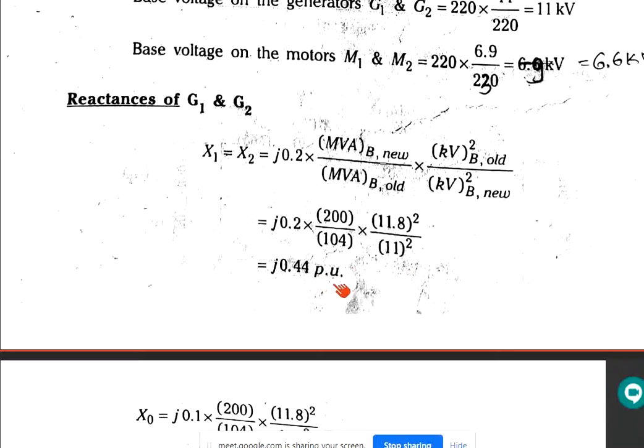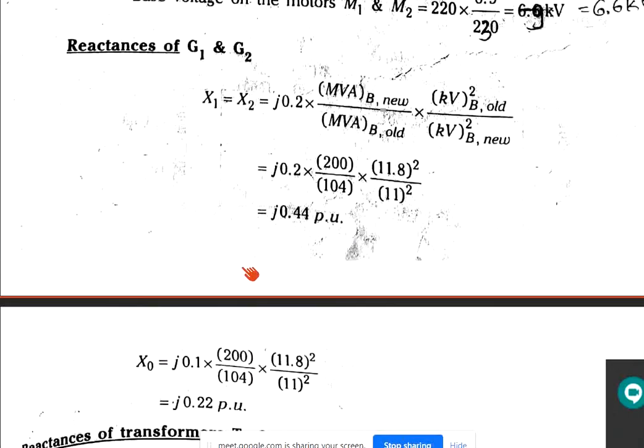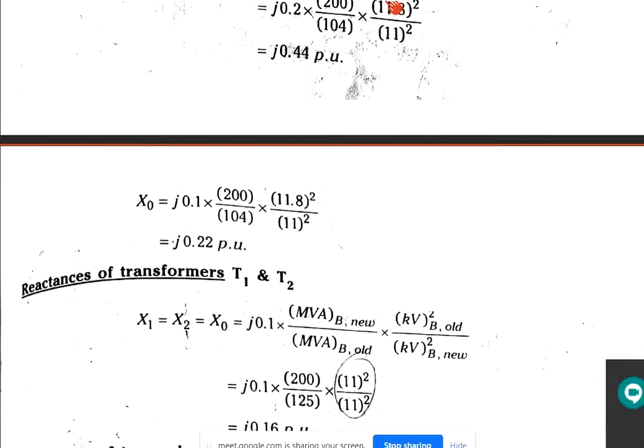So it is j0.44. Here you can see that all the times you will not get 11 by 11; it depends on the values. Similarly X naught, the zero sequence reactance, is also the same, with 0.1 instead of 0.2. So this is the positive, negative and zero sequence reactance of G1 and G2.